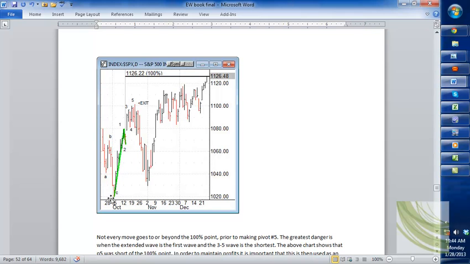Here you had 1, 2, and here was your 100%, and then you saw 3, 4, 5, and what you noticed is that the 2 to 3 wave is not the shortest, but the 0 to 1 is the longest, and when your 0 to 1 is the longest and your 4 to 5 is the shortest, you probably want to get out early. Because that's one that's going to turn and go back the other way rather strongly in many cases.